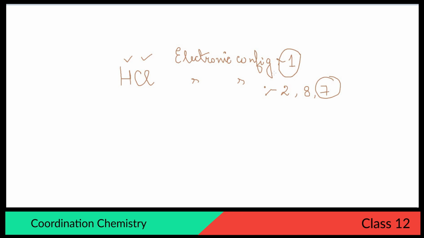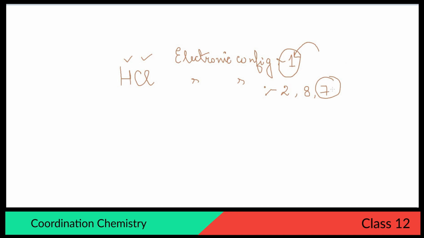But it is possible to follow the duplet rule if it gains 1 electron, right? If somehow it gains 1 electron. Now, there is no such species in its vicinity apart from chlorine which can give 1 electron to it so that it can gain the electron and form the duplet.